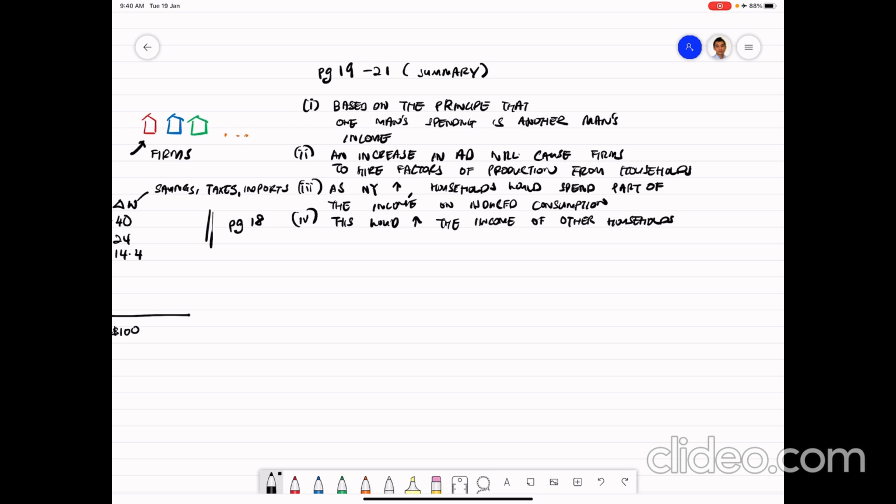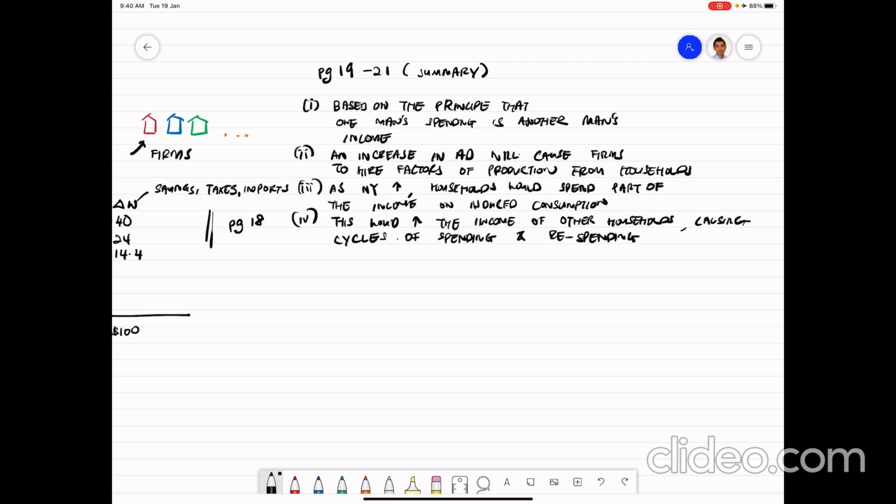So this will increase the income of other households and would cause cycles of spending and re-spending. Yeah. So red spends on blue, blue spends on green, green spends on and on. Okay. So it will cause cycles of spending and re-spending.